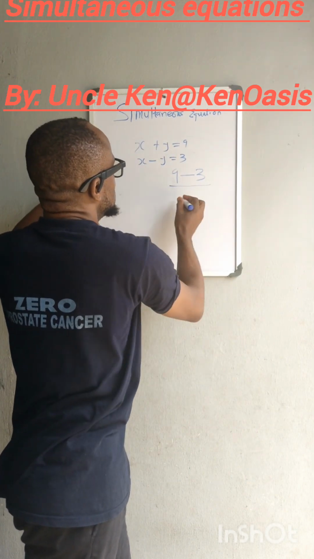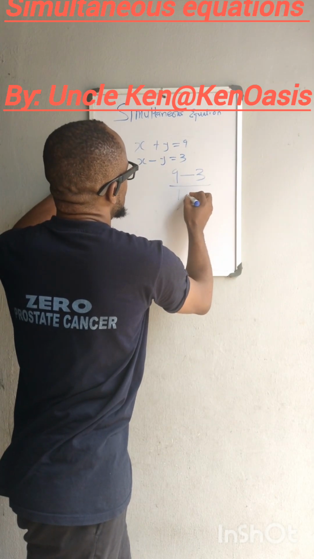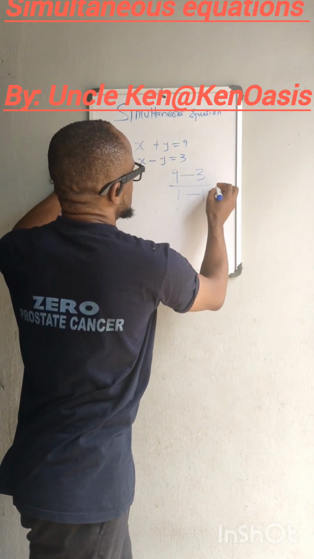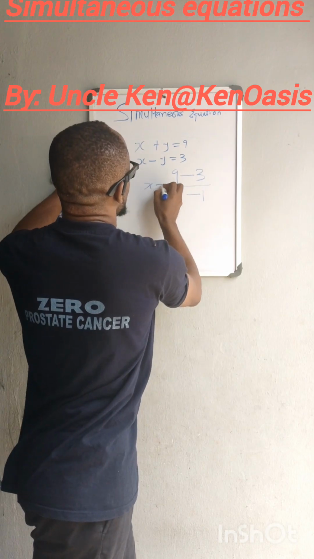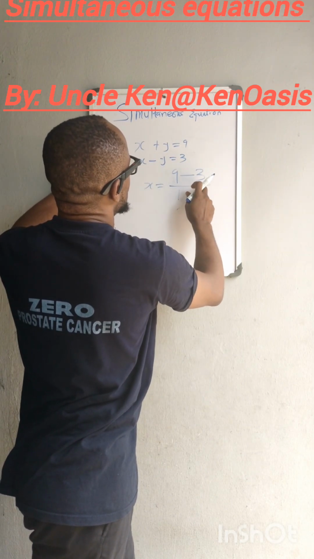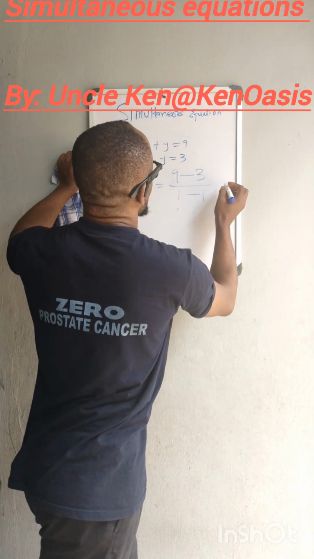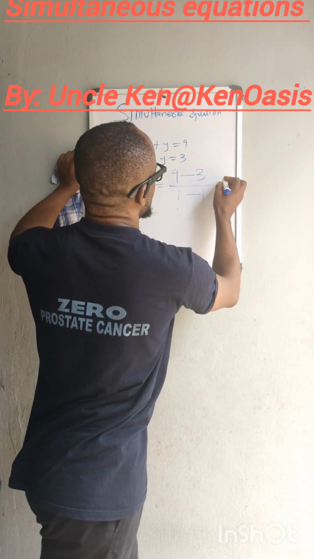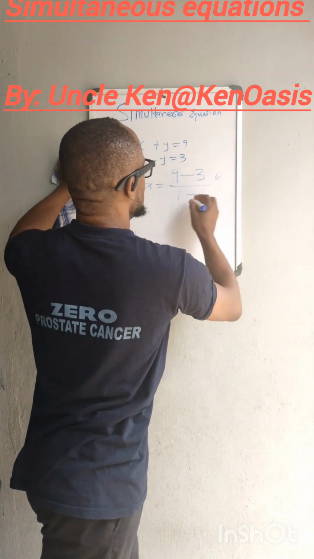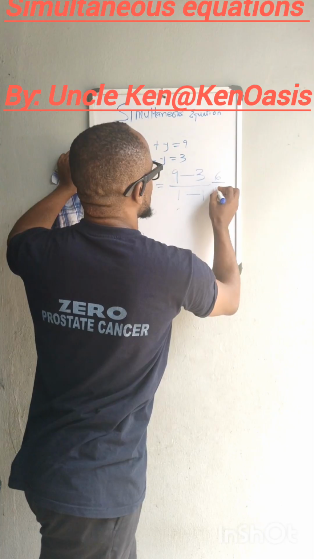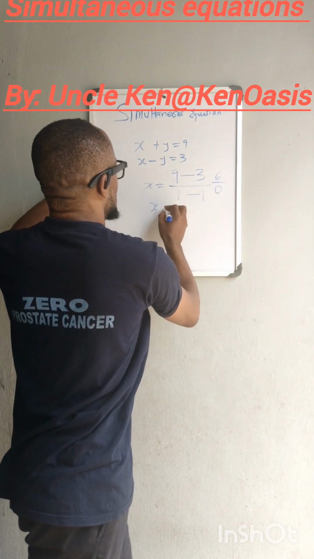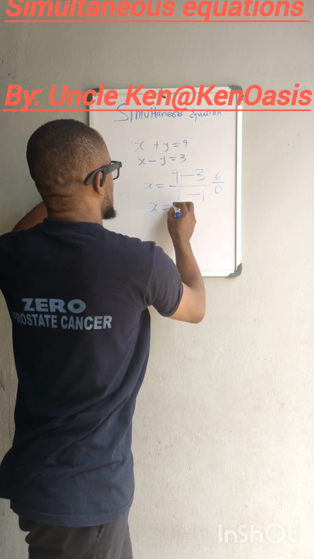So 1 times 1 is 1, minus 1 times 1 is 1. This is x. So 9 minus 3 is equal to 6, over this is 0. So x is equal to 6.